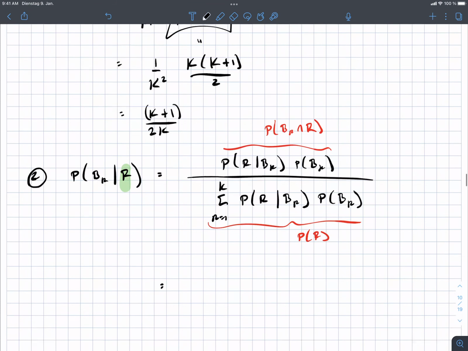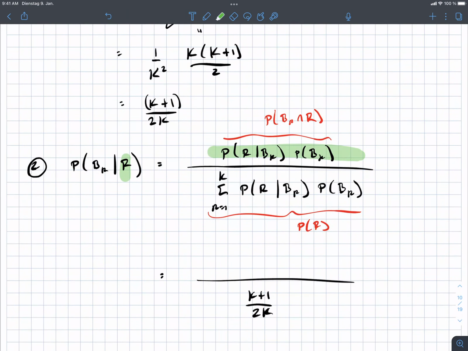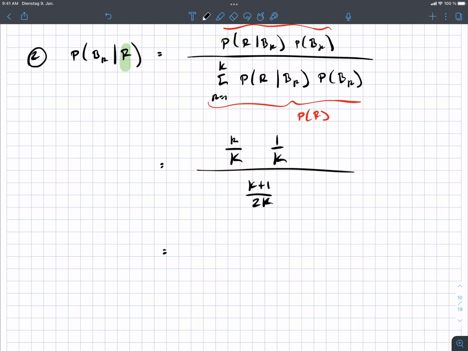And so in the denominator, it's this K plus 1 over 2K that we computed in the first part. And in the numerator, it's going to be the probability of a red ball from bag little k, which is little k over big K, and then the probability of choosing bag k, which is 1 over K. I just need to simplify this, and I'm going to wind up with 2 times little k over K times K plus 1.